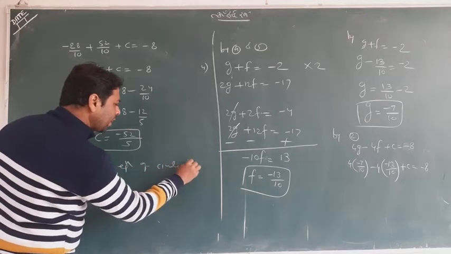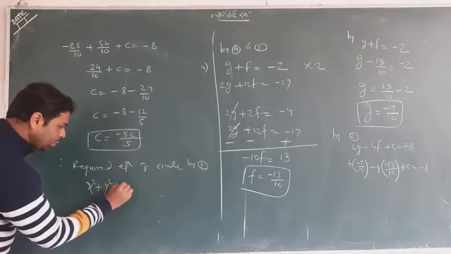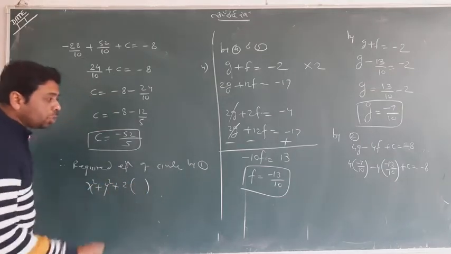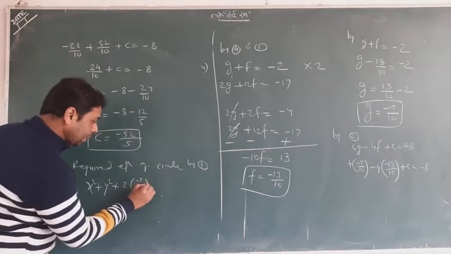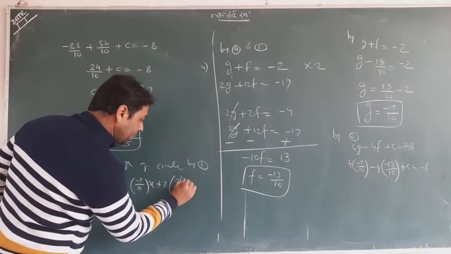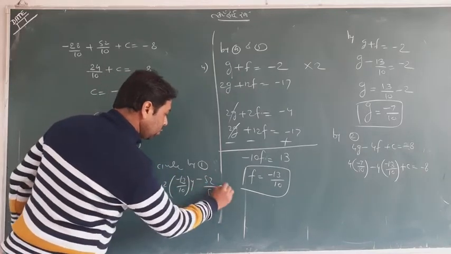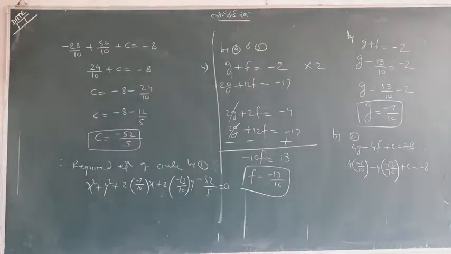After getting F, G and C, you write the required equation of the circle. What was the equation? x square plus y square plus 2gx, so what is g? Minus 7 by 10. Plus 2fy, minus 13 by 10, and plus c is equal to 0. And then you can manage.